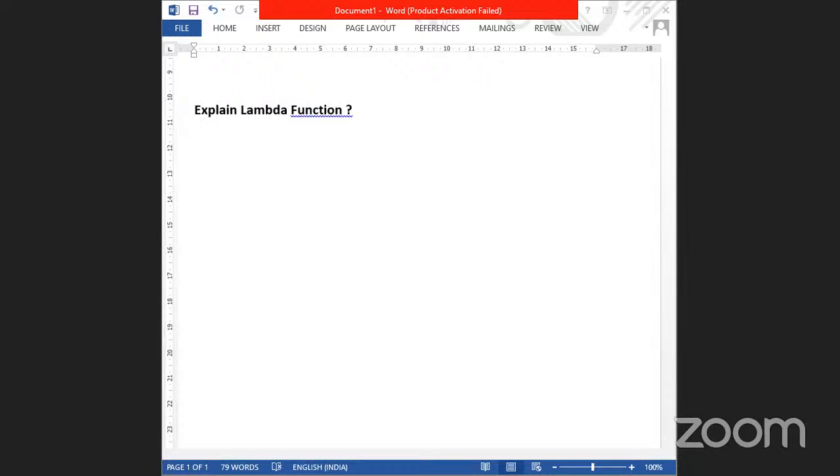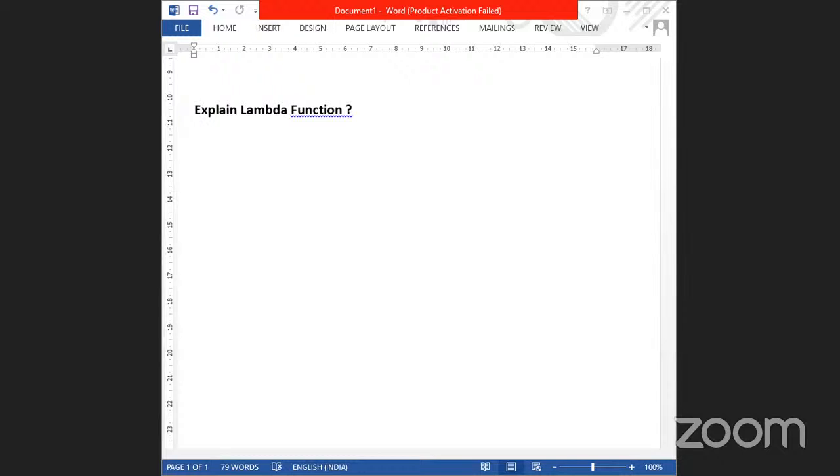So lambda functions are known as anonymous functions. What does that mean? It means the function is without a name. As we know, def is a keyword used to define a normal function in Python.